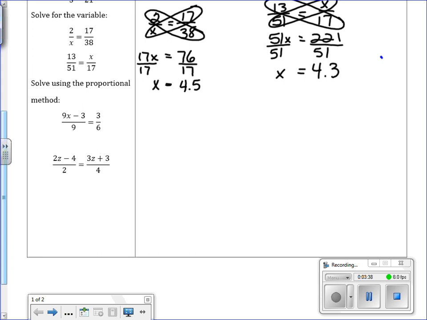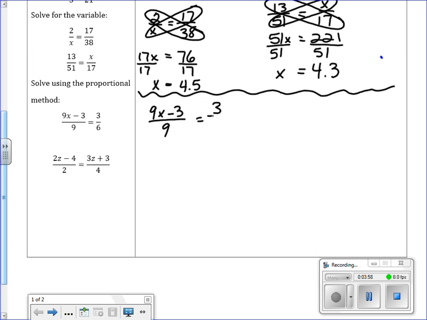We can use the exact same method. Now all we're doing is adding a little bit more detail, kicking it up a notch to our expression. So I have (9x minus 3)/9 equals 3/6. So I want to cross multiply in order to solve this.